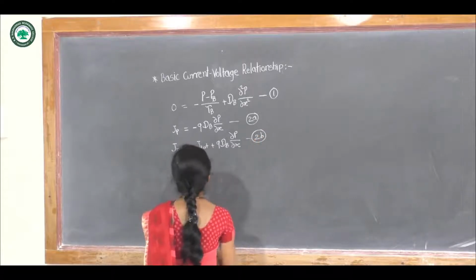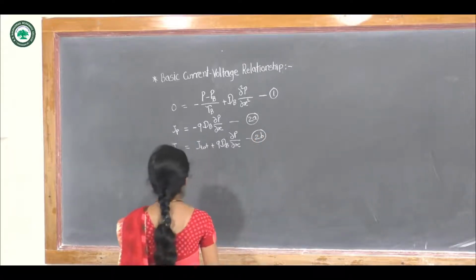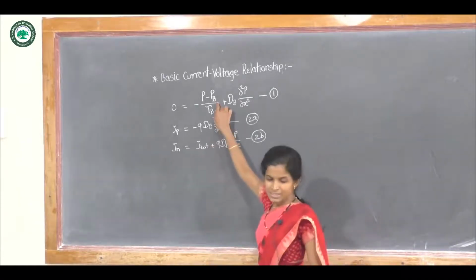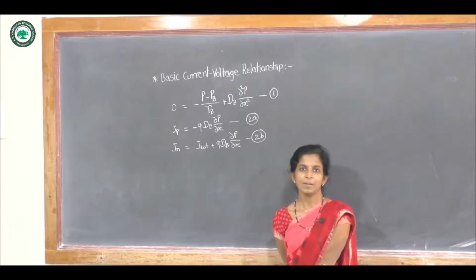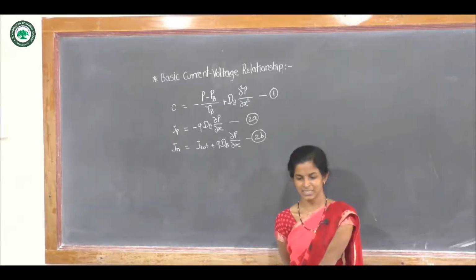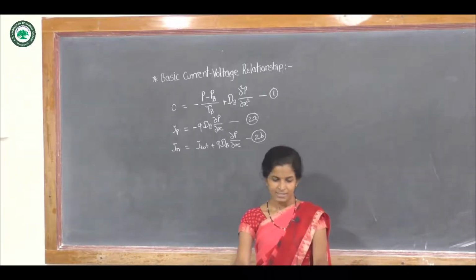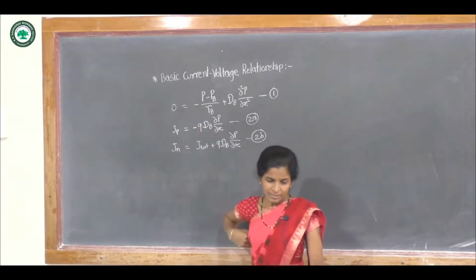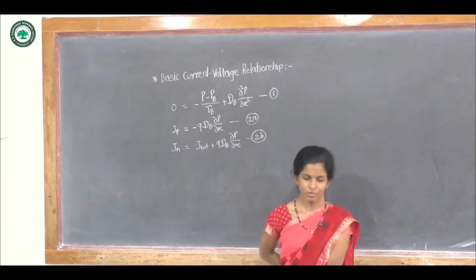So in these equations, PB in equation number 1 is nothing but the equilibrium minority carrier density in the base. This P is the carrier density of holes.